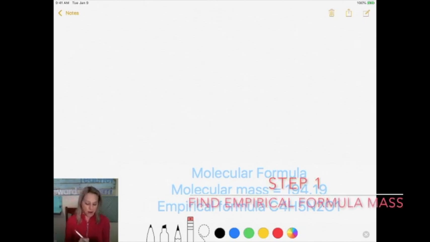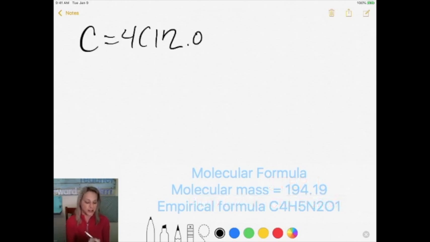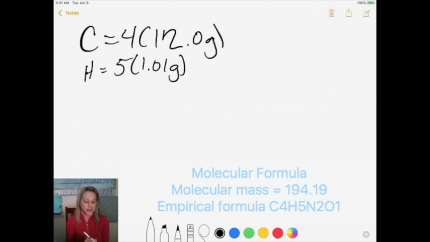So we have carbon, which we have 4 times 12.01 grams as found on the periodic table. We have hydrogen, which is 5 times 1.01 grams, found on the periodic table also. Nitrogen, we have 2, and the mass on the periodic table is 14.01 grams.